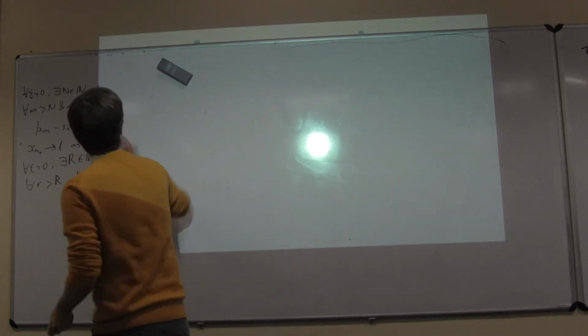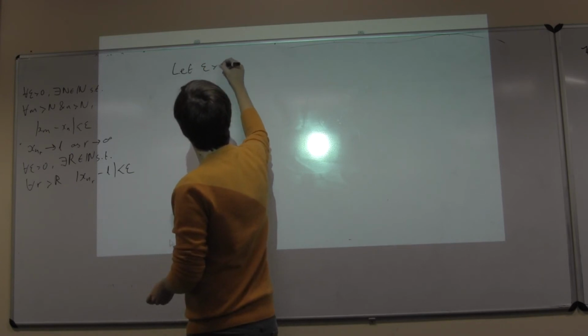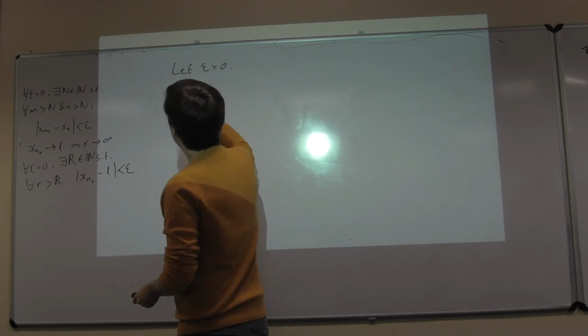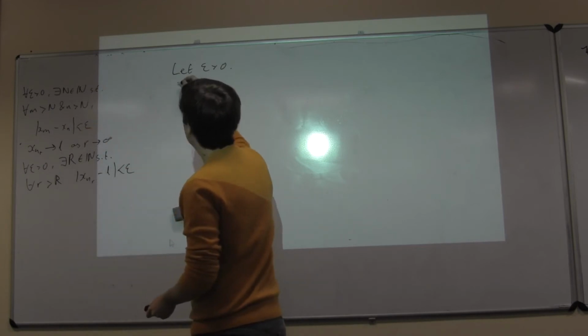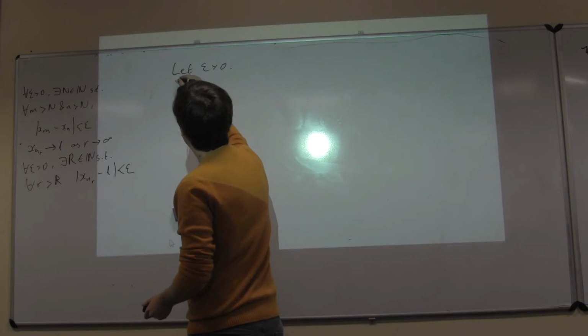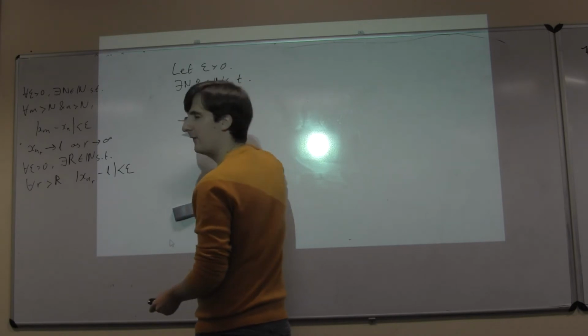So we'll do our normal thing. We let epsilon be bigger than 0. Then we know we can find capital N and capital R in the naturals such that all these things are satisfied simultaneously.